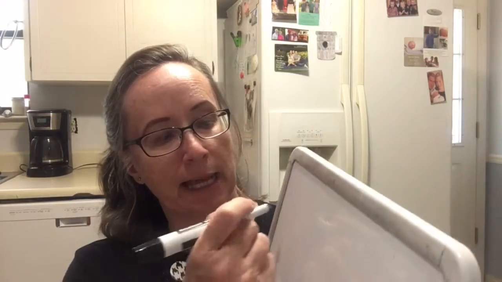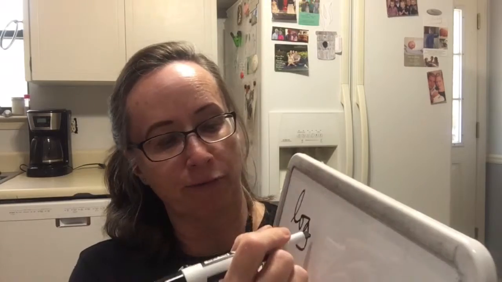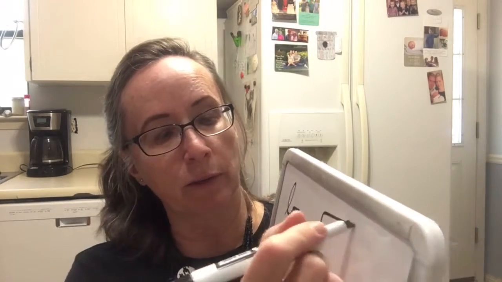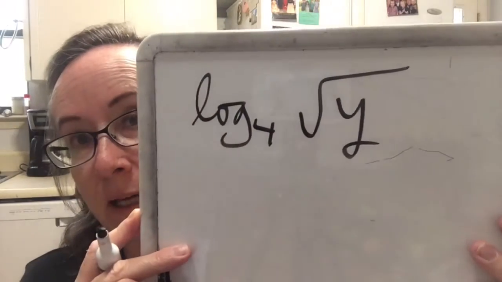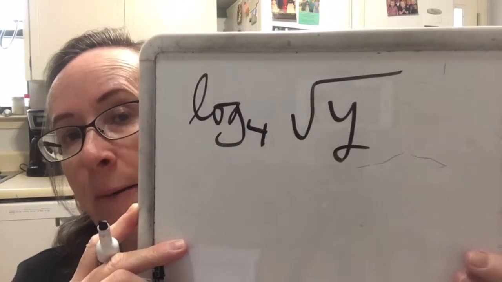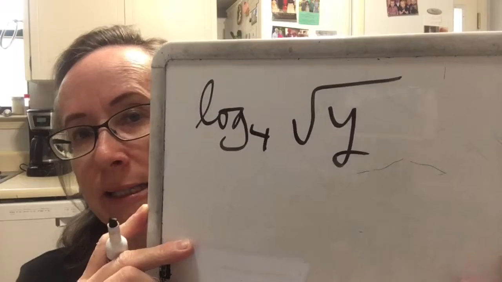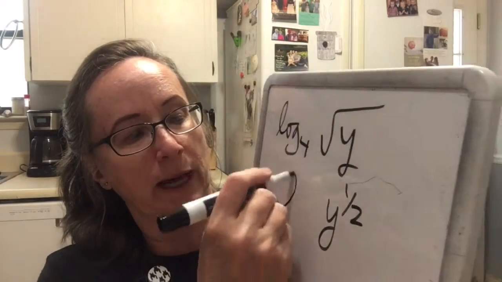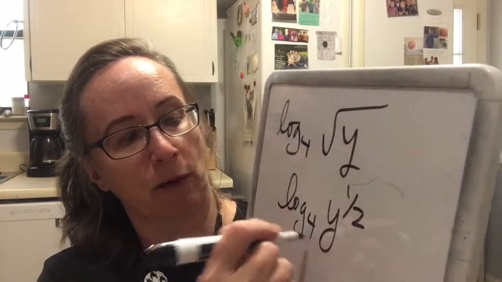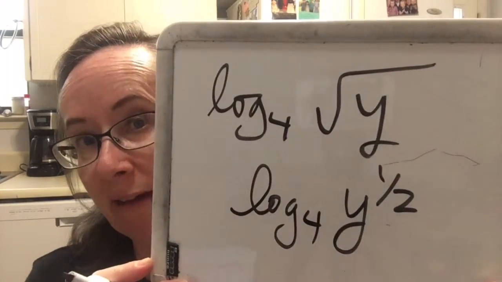Okay, so the next one that we're going to do is number 4, and it says log base 4 of the square root of y. This can be done with the power rule, because we know that the square root of y is the same thing as y to the 1/2 power. So we have log base 4 of y to the 1/2 power.